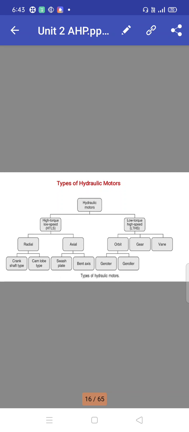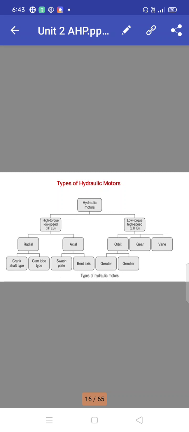Hydraulic motors are categorized into high torque, low speed, HTLS, and low torque, high speed, LTHS. The high torque, low speed motors are radial type as well as axial type. In radial type, we use crankshaft type or cam lobe type.